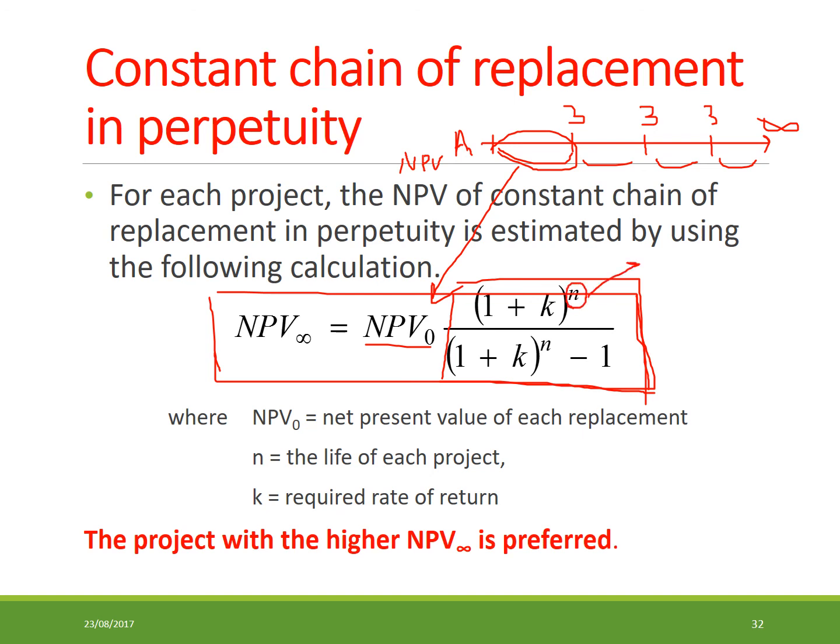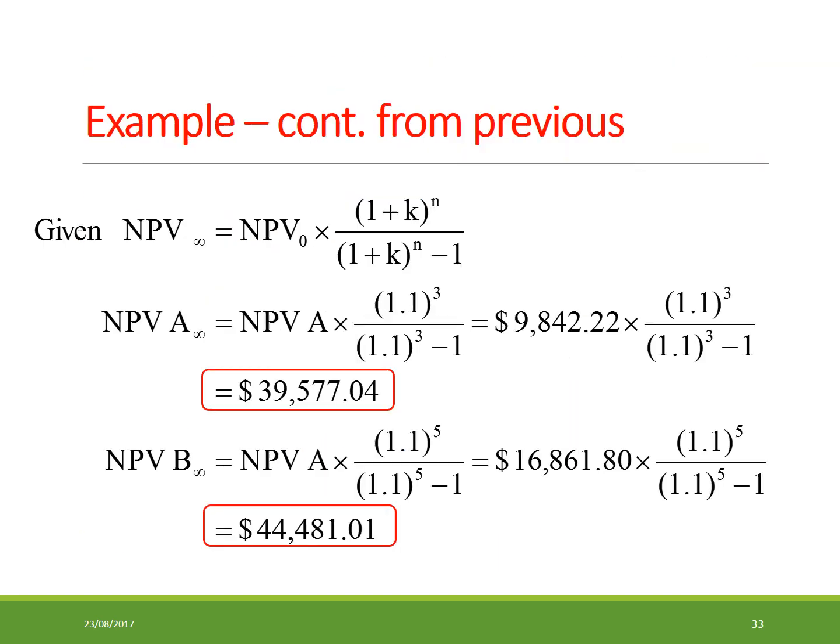So if we have a project with 5 years, then we have 5 cash flows, yeah? K is the required rate of return, and NPV is just the net present value of one project, right? The decision rule here is we will pick the project with the higher NPV, right?